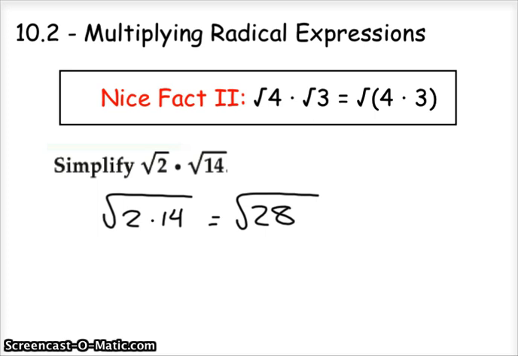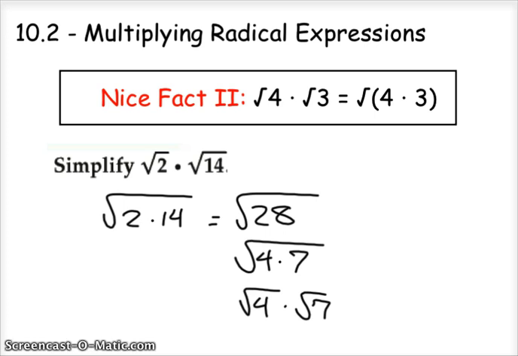And 28 as factors would be 4 times 7. 4, again, is a perfect square. I'll apply my first nice fact. So the square root of 4 times the square root of 7. Square root of 4 is 2. So I'm left with 2 root 7.